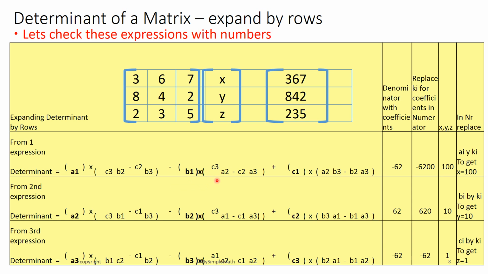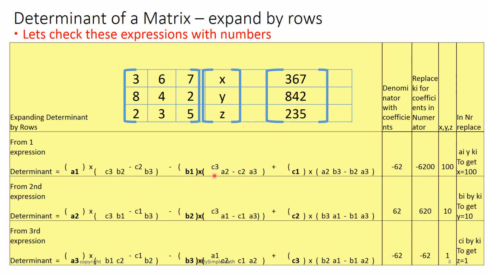Go back, copy both the expressions, and then redo this equation and redo the first expression. This expression is the same as the previous expression used a while ago. Similarly, for the second expression and the third expression, you can easily reorient the determinant expansion by columns into determinant expansion by rows, and then feed in the values.